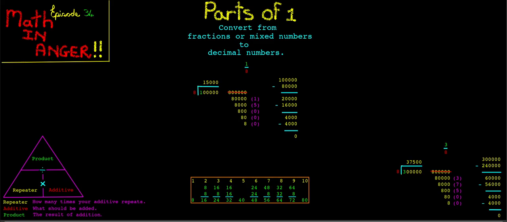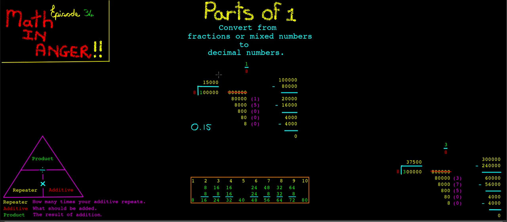Now I can say, well, okay, that's my part of 1. So the decimal representation of 1/8 will be 0.125. I can add extra zeros, but when writing decimal numbers, we typically stop at the last digit that is greater than 0.